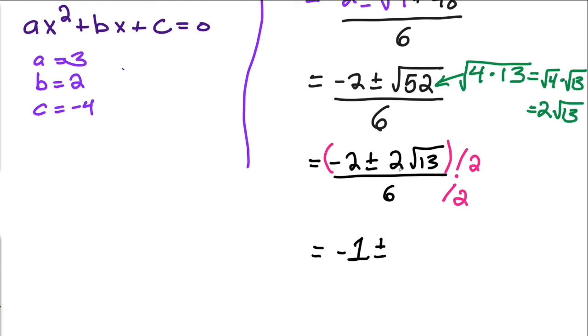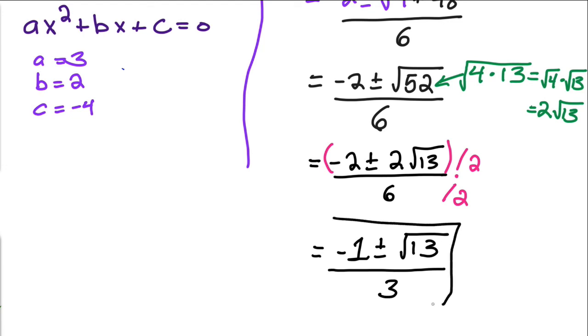And then this 2 gets divided by 2 as well, leaving me with square root of 13. You don't divide the 13 by 2 because that's inside of the root. And then in the denominator, I have 6 over 2, which is 3. And these are my two solutions, one with the positive sign and the other with the negative sign.